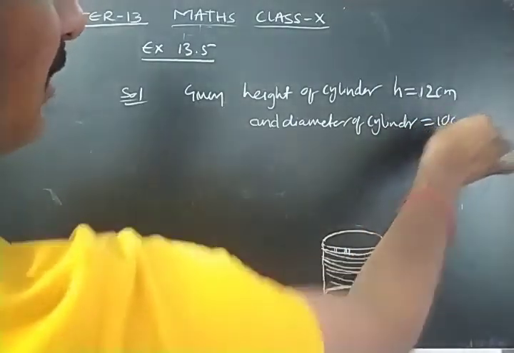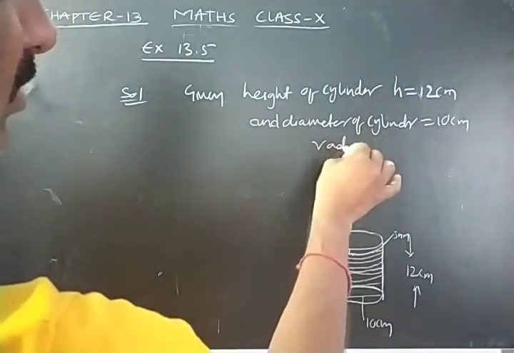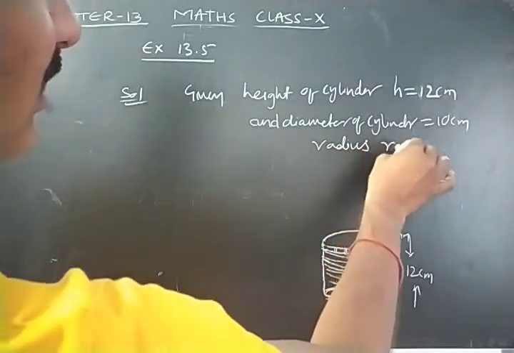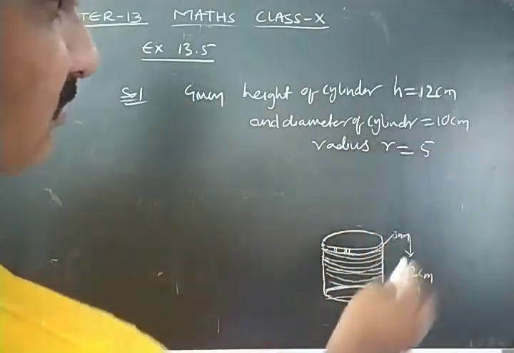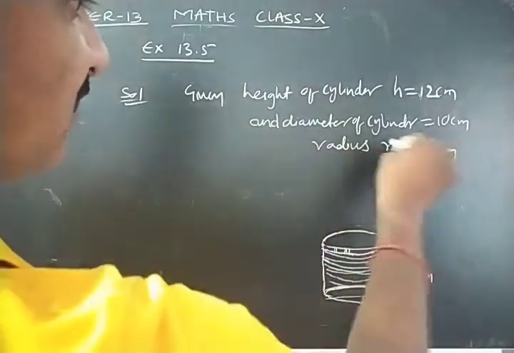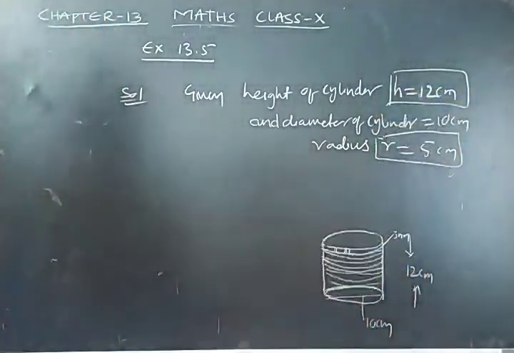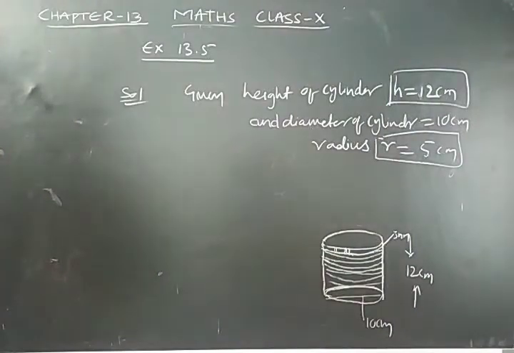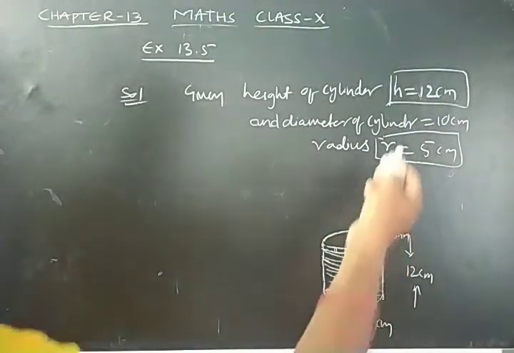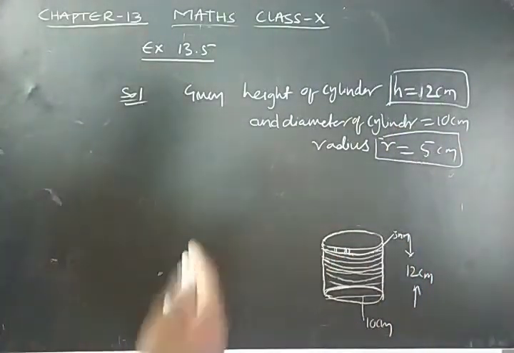If diameter is 10 centimeters, the radius I am taking as r equal to 5 centimeters. Radius of the cylinder is 5 centimeters. Okay, this is the height of the cylinder, and 5 centimeters is the radius of the cylinder.